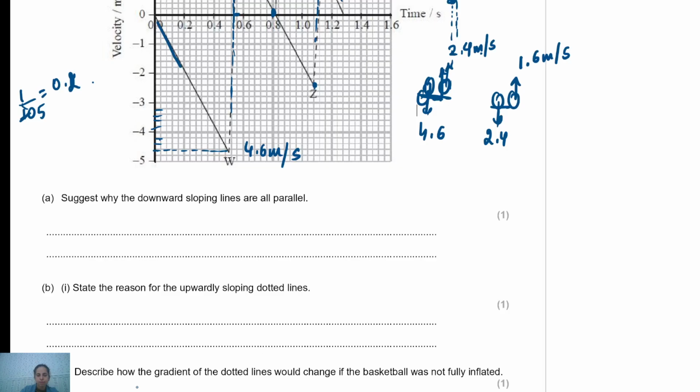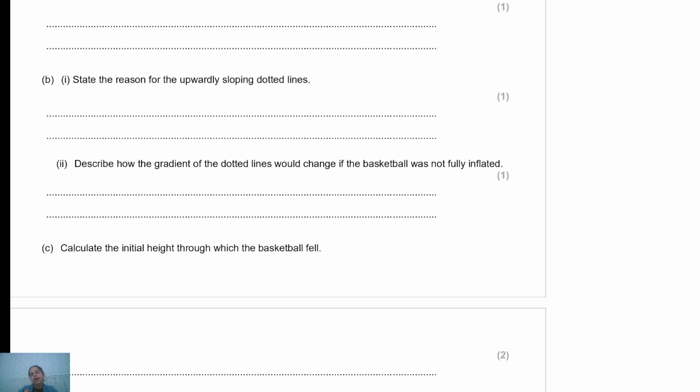Describe how the gradient of the dotted lines would change if the basketball was not fully inflated. What do you think? Would it be able to bounce back as quickly if it is not fully inflated? It would not. It would have less force. Would it have more contact time? So if it had more contact time, I'm just going to draw it here.